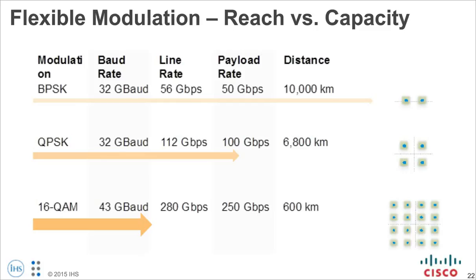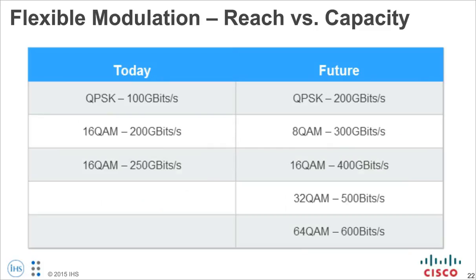But there's a lot of variability, much shorter than long haul or between long haul and these metro distances, that can be optimized for. Where we see this going is that we will continue to drive up the baud rate and at the same time add more modulation options to the next generation of DSPs, giving us more granularity so that you can trade different capacity rates.